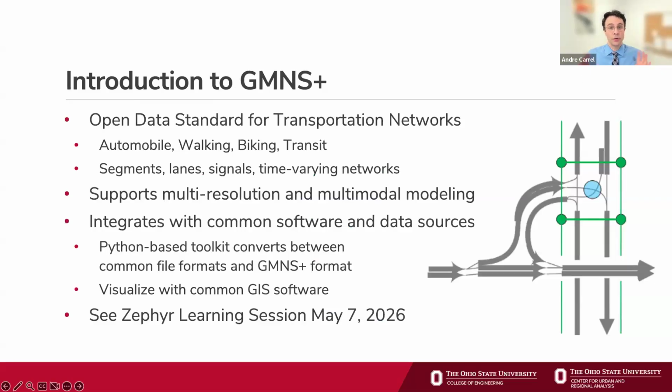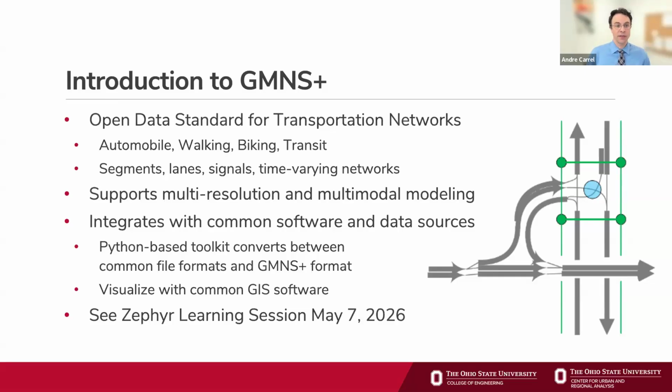All right, so let's do a brief high-level introduction to GMNS Plus. What is this? GMNS Plus is an open data standard for transportation networks. It is explicitly multimodal and captures automobile transportation, walking infrastructure, biking infrastructure, and public transportation, and is able to go down to a fairly microscopic resolution in representing different aspects of the infrastructure, including segments, lanes, signals, and even time variation in the configuration of the network.